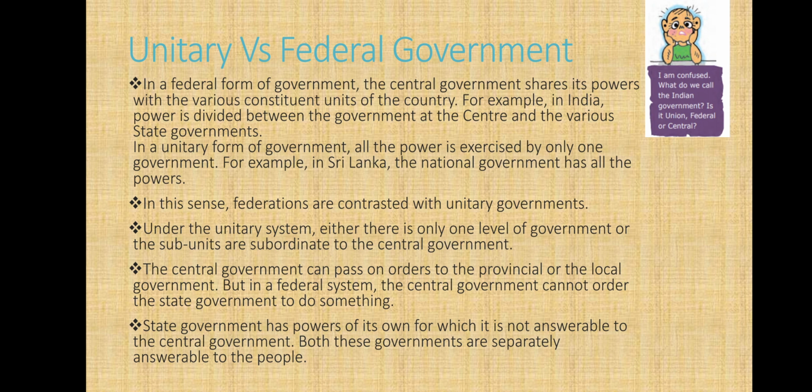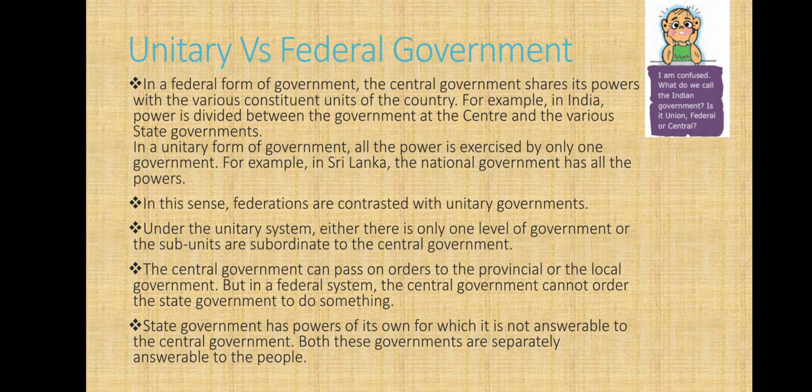Second thing that you need to keep in mind: in this sense, federations are contrasted with unitary government. So you get a clear demarcation between unitary and federal systems. Under the unitary system, either there is only one level of government, or even if subunits are formed, they are subordinate to the central government.